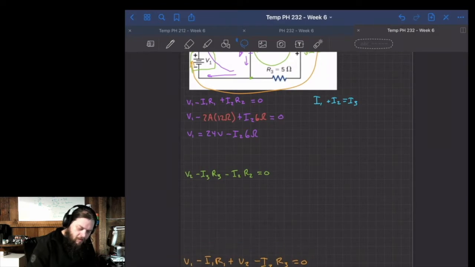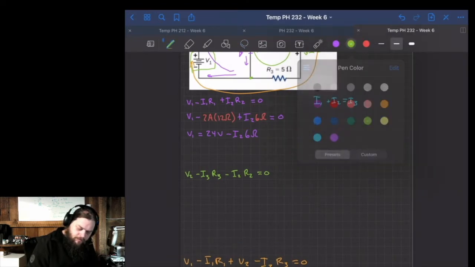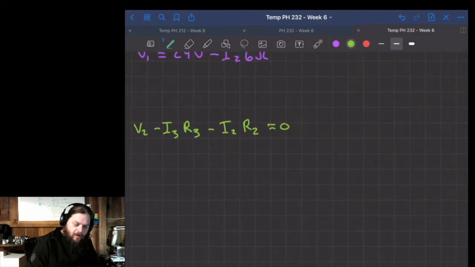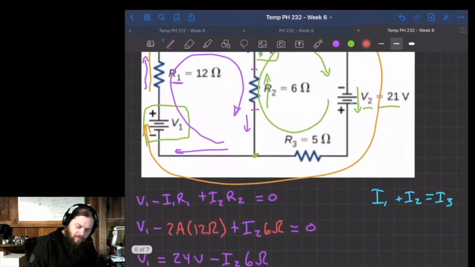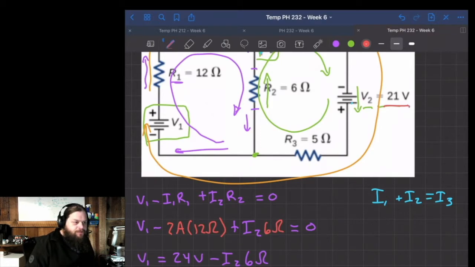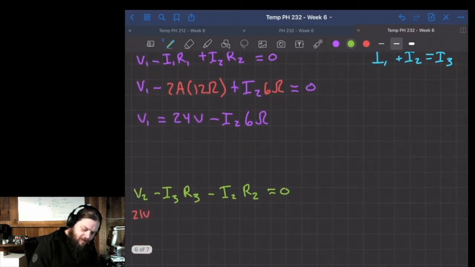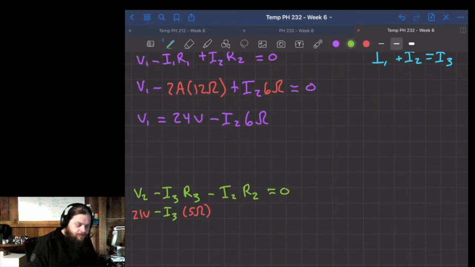Plugging in the values we know, V2 was 21 volts, that was a given. We subtract I3 times R3, which was 5 ohms, and we subtract I2 times 6 ohms. That's all going to be equal to 0.